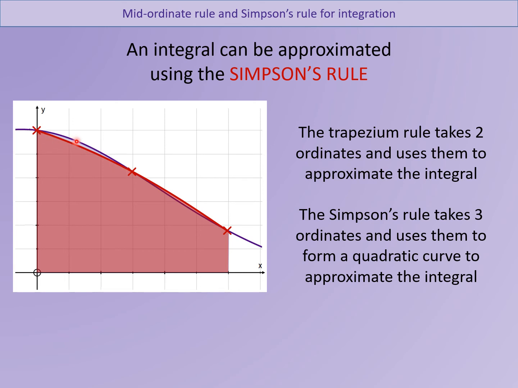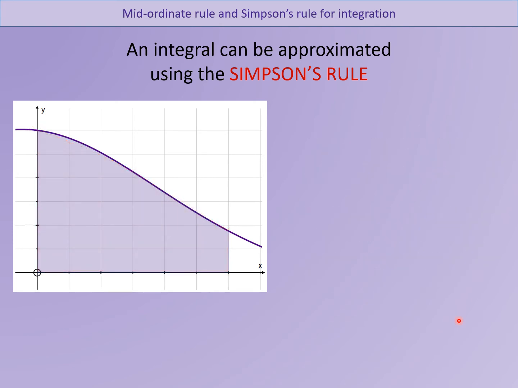As you can see there, it's not perfect. It's got an underestimation and overestimation, but generally it's a lot better than just joining these two up with the trapezium rule. So it's the best out of all of the numerical integration techniques, but it's also the most complicated to use.